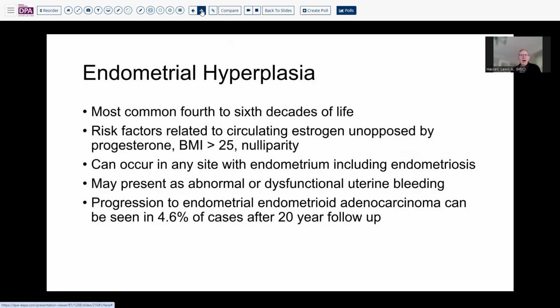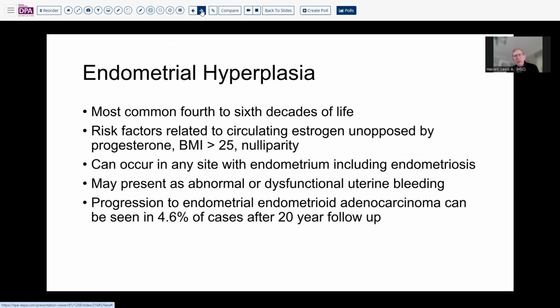So, non-atypical hyperplasia is generally a disease of older adults, adult women. There are some of the same risk factors that are associated with non-atypical hyperplasia that are associated with preneoplastic and malignant diseases of the endometrium.